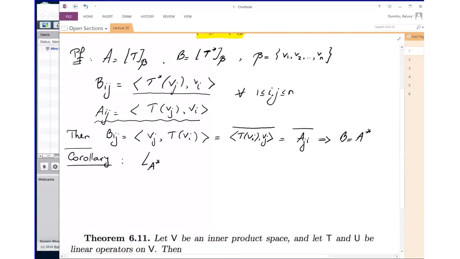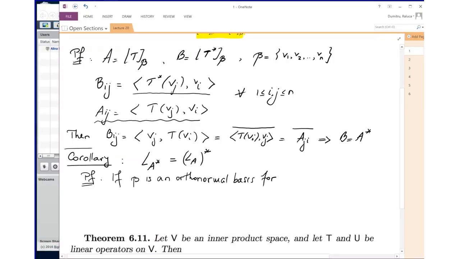When you left multiply a vector by the matrix A. Left multiplication by A star is the adjoint of the operator left multiplication by A. And the reason for this would be, if beta is an orthonormal basis for, well, for which space?